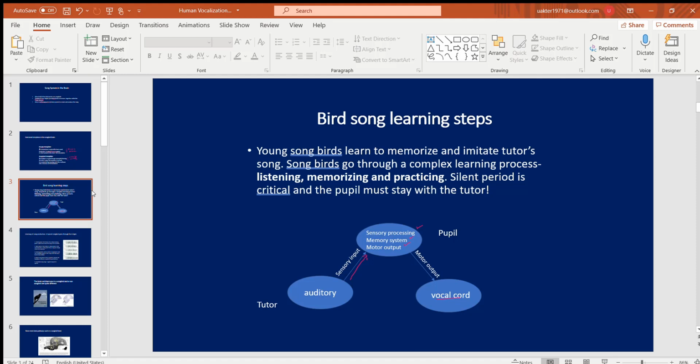Okay, so the tutor produces the song, and that is listened to by the pupil, and in the pupil's brain all these functions take place: integration and memorization, then vocal or motor output.